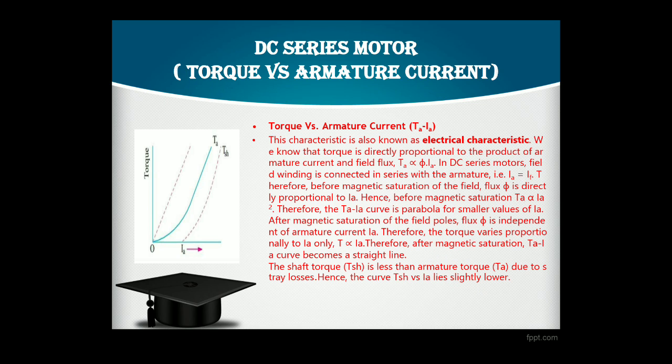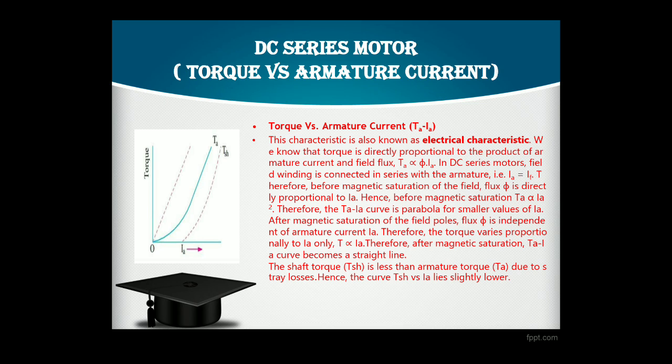Therefore, before magnetic saturation of the field, flux phi is directly proportional to Ia. Hence, before magnetic saturation, TA is proportional to Ia square. Therefore, the TA versus Ia curve is a parabola for smaller values of Ia.